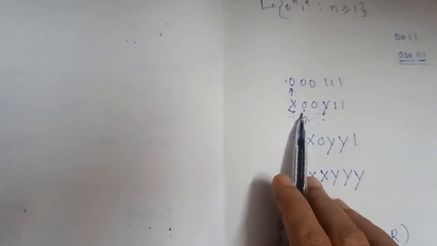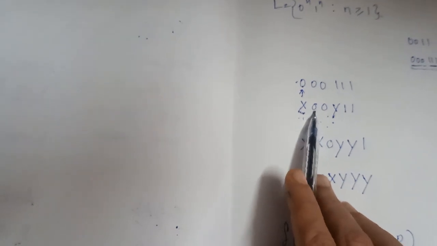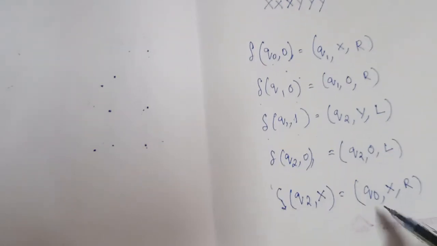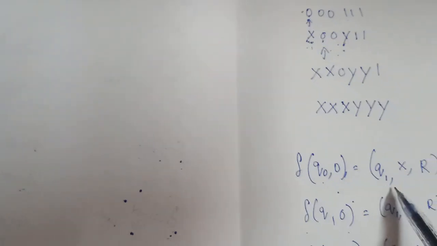Next, what happened? Q0 on 0, because we have replaced q1 to q0 and move to right. So q0 on 0 is q1 x R. It means replacing 0 with x and moving to right. Now q1 on 0. We have 0 here.